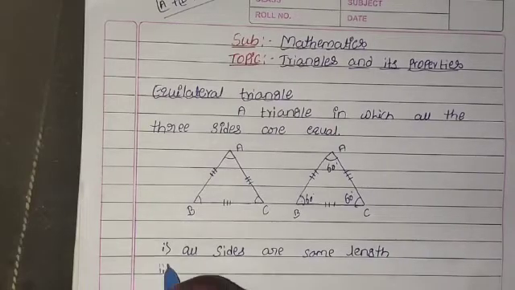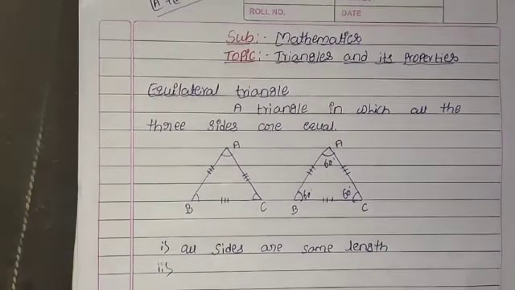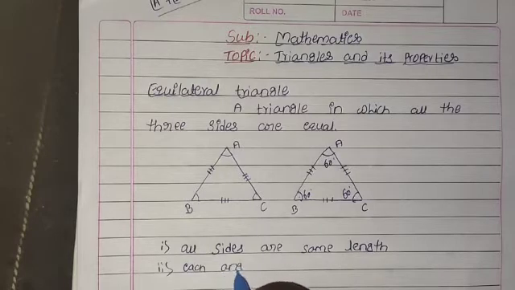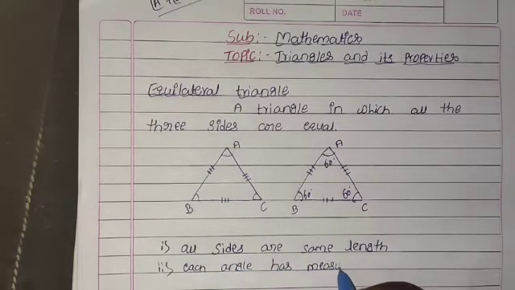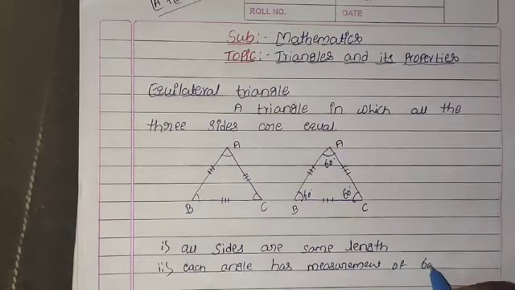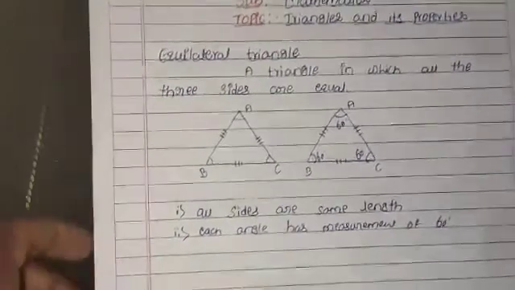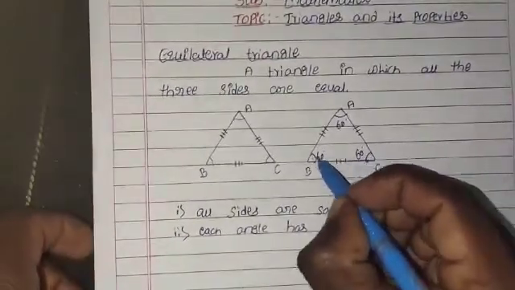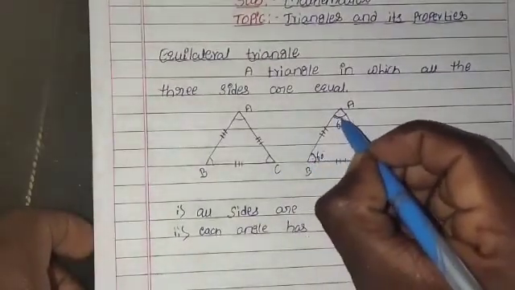And the second one: in an equilateral triangle each angle has a measurement of 60 degrees.